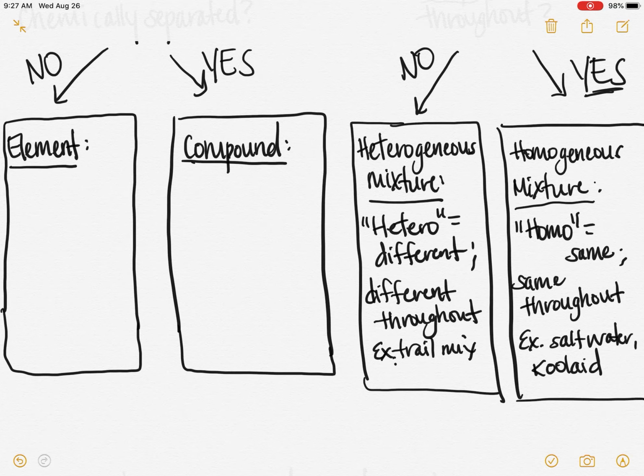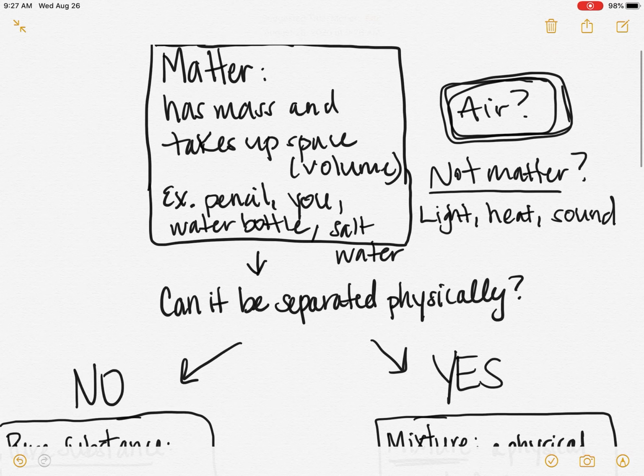Okay, so let's go back to the top of my notes and back to talking about matter. Remember, matter has mass and takes up space. And we want to ask ourselves the question of now, can it be separated physically? So let's go to something like gold.